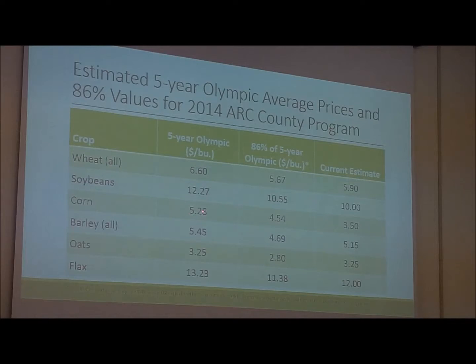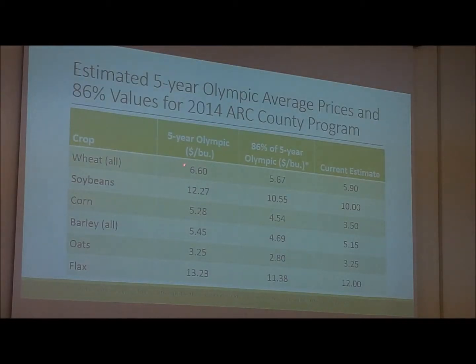You look at corn and soybeans. Very good starting point for this program for corn and soybeans. Those are record high 5-year interval prices, but in the 5 years that made up this $5.28 for corn, there were 2 record prices out of those 5 years. Soybeans, I think probably number 2 and 3 in that time frame. So we've got very high prices.